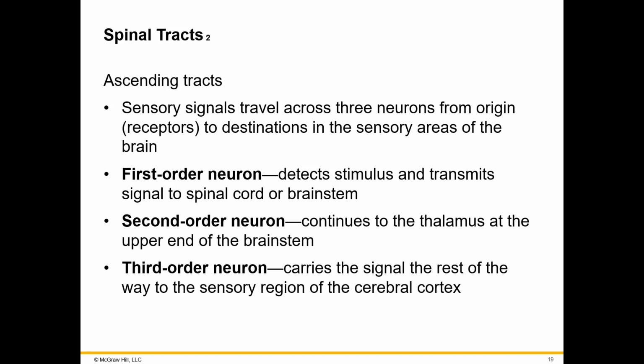They would begin from the receptor and they would end at the brainstem, or they would end at the spinal cord. Then from the spinal cord all the way to the thalamus, or from the brainstem to the thalamus, that's a second order neuron.